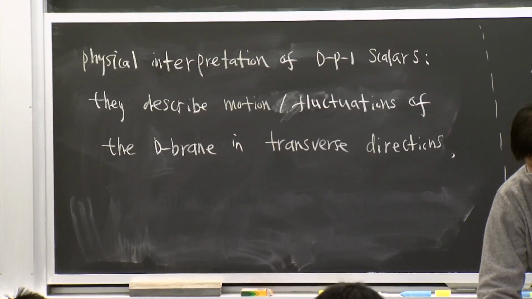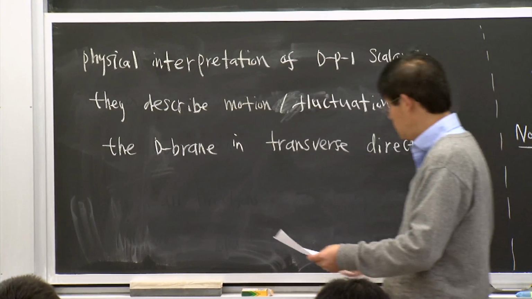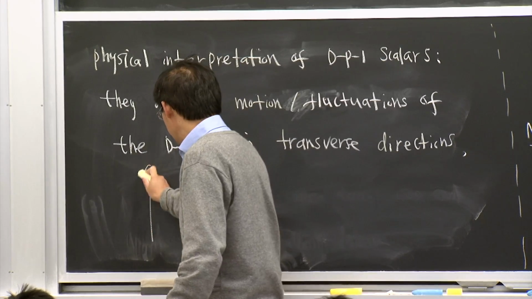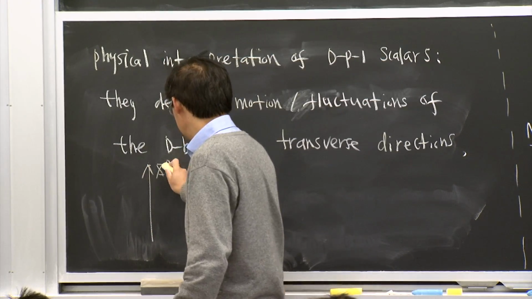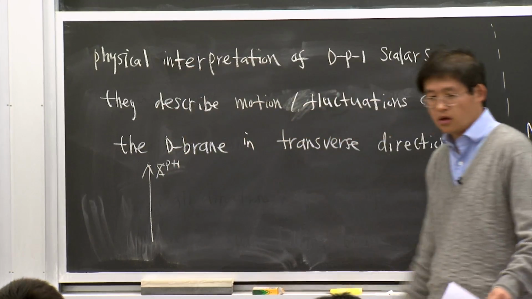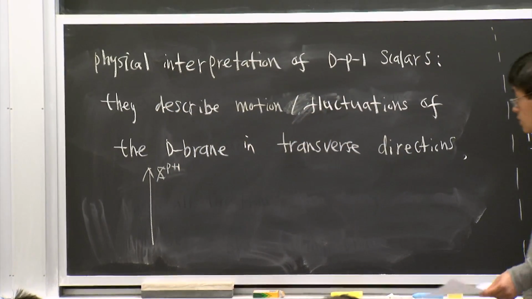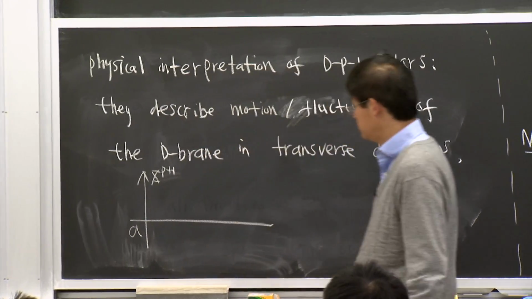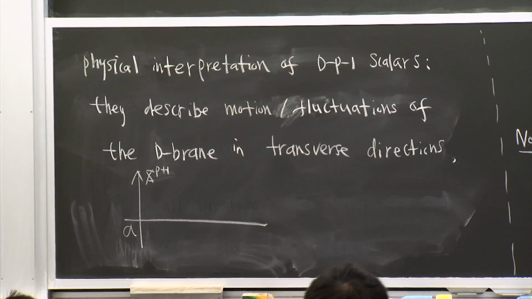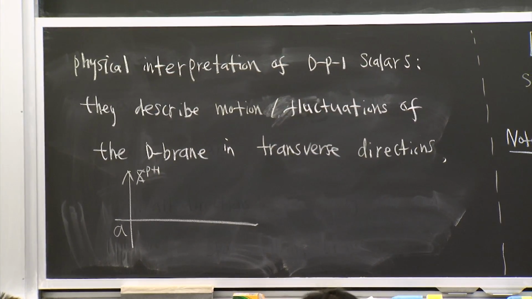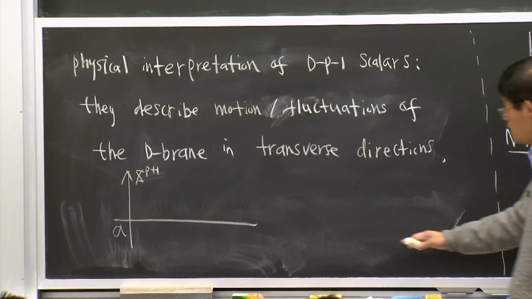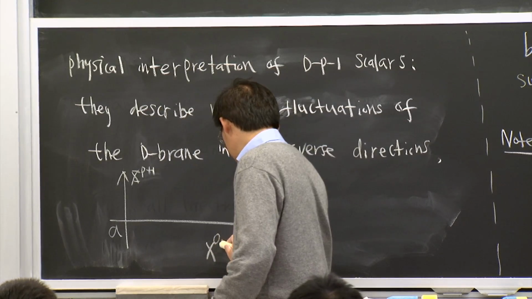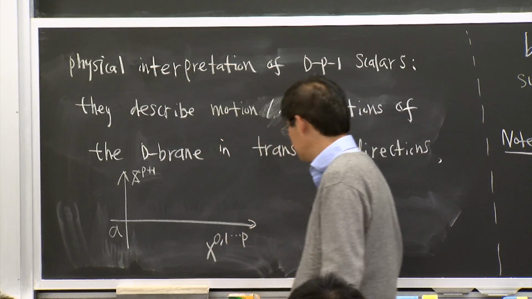More explicitly, just as a cartoon picture, let's consider the x1 to xp directions, this direction, and the transverse direction. Suppose you have a D-brane sitting here at some value of a.